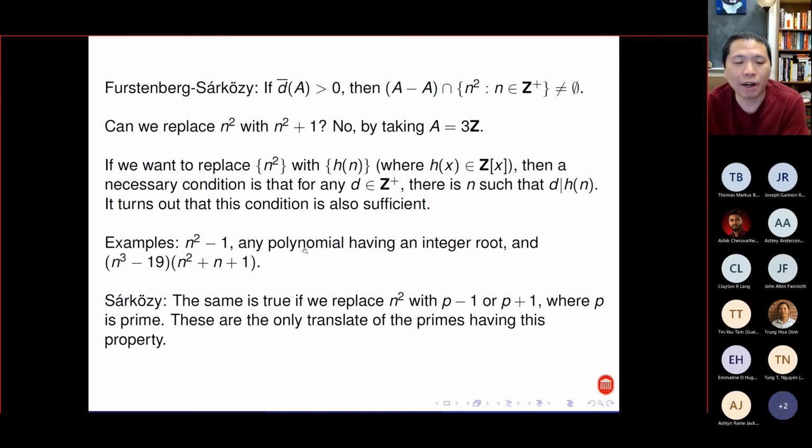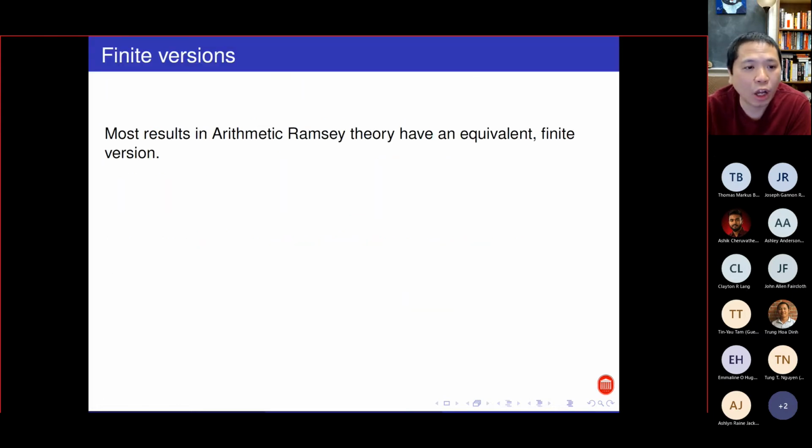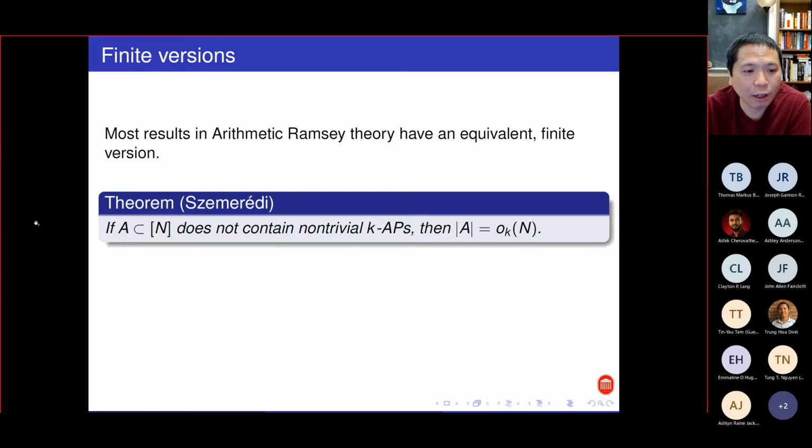So far I have talked about statements about the set of integers or positive integers, but most results have an equivalent finite version. For example, here's a reformulation of Szemerédi's theorem. Remember that this denotes the set of integers from 1 to n.